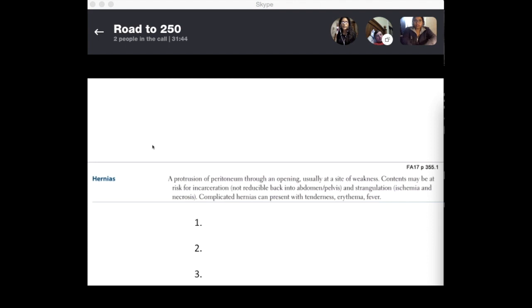So there are 3 main types of hernias. Can you guys name what they are? Indirect, direct, and femoral. With indirect and direct, what type of hernia is that?